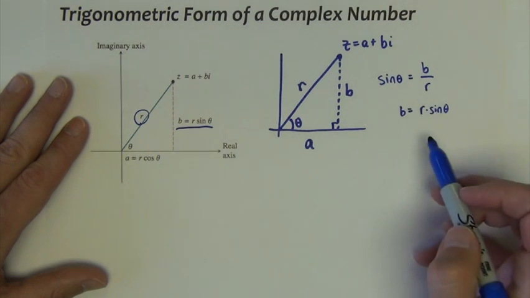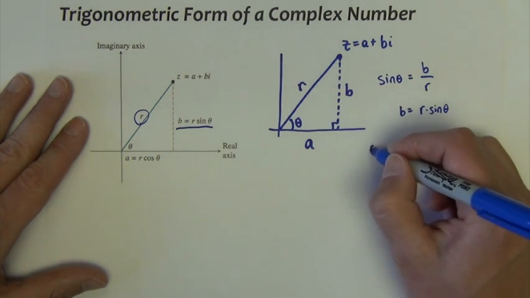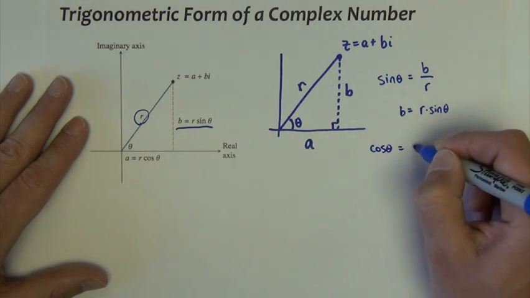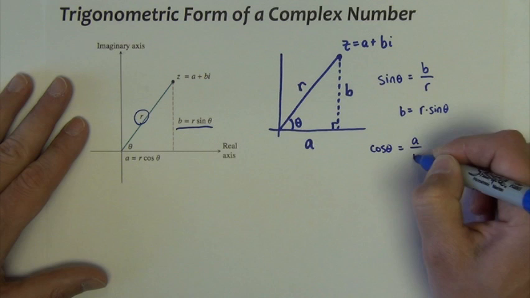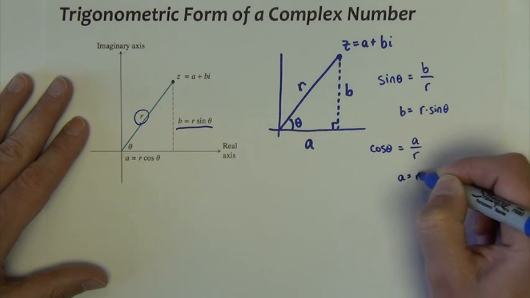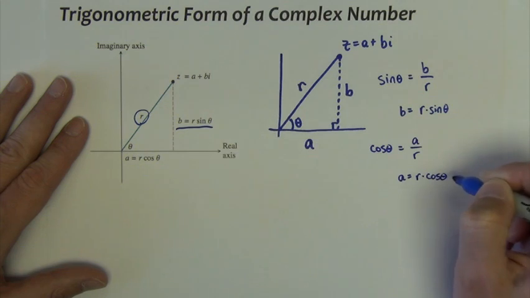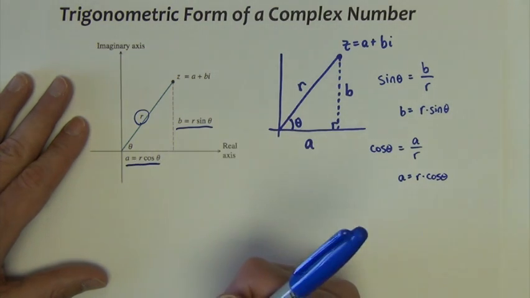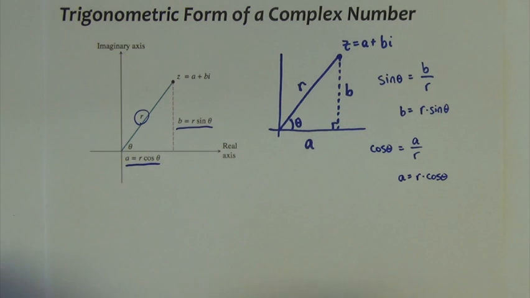We see that right here, but this is how we got to it, of course. We could also say that the cosine of theta is equal to the adjacent over the hypotenuse, or that a equals r times cosine theta. We see that right there. Okay, so that then leads us to some substitution so that we can write the trig form of a complex number.